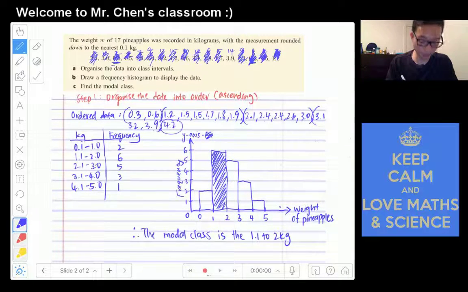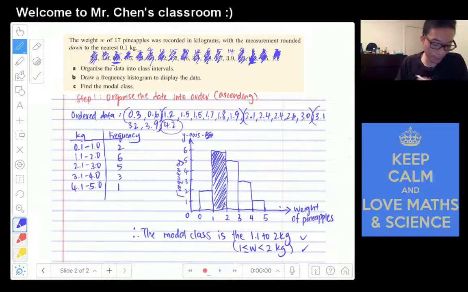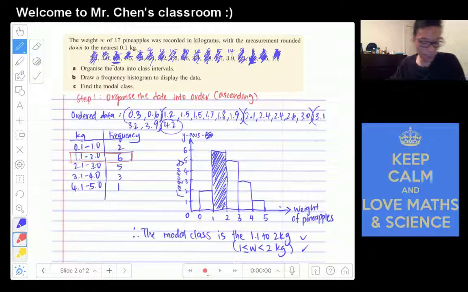Or if you want to be really discrete, it's more than or equal to 1 and less than 2 kg. Both will be correct. So that's how you make a frequency table, and from there you can find the modal class. You can technically already find the modal class using just the table.